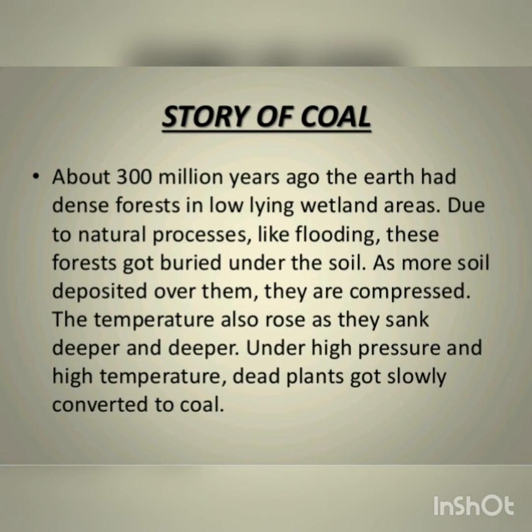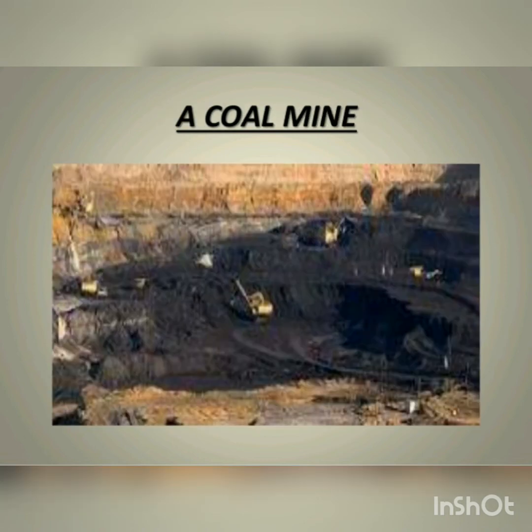Since it was formed from the remains of vegetation, coal is also called a fossil fuel. It is formed from dead plants which are buried deeply into the soil, children.